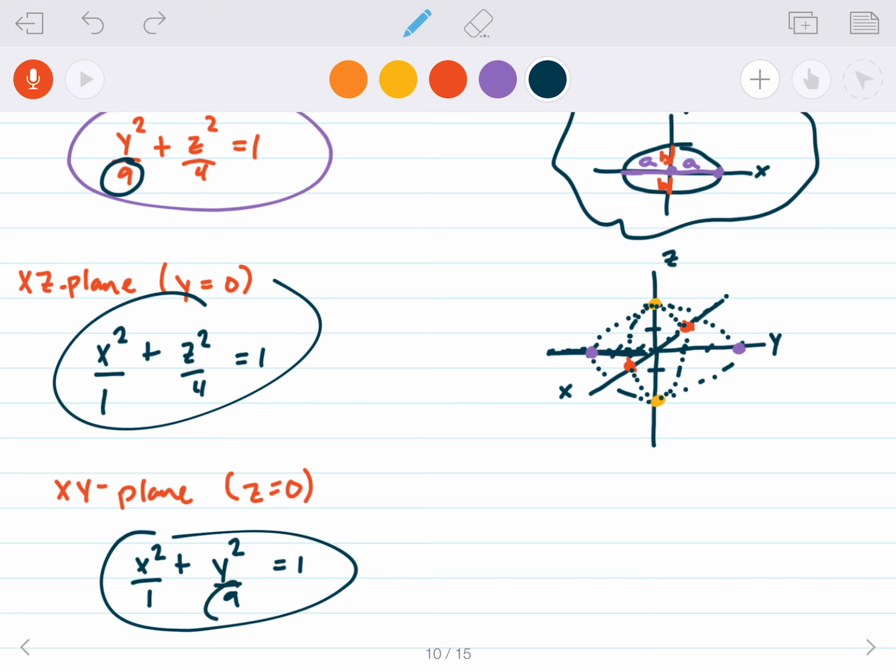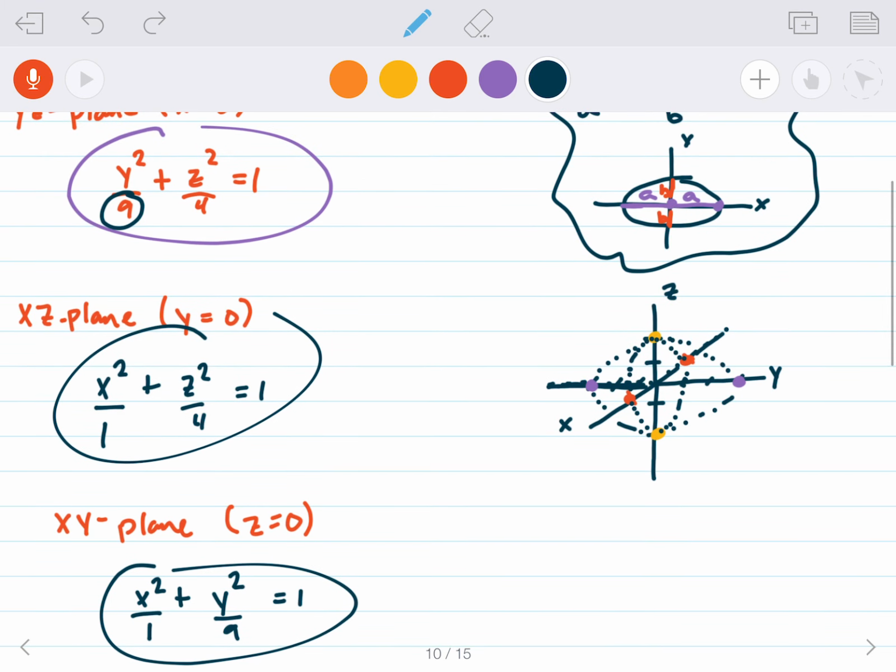In the y direction, we have a radius of 3, right? 3 squared is 9. So let's go ahead and just trace that out. So we're connecting the x and the y's. So that's going to be something like this. All right, so we have ellipses all along our traces, and we call this 3D thing an ellipsoid.